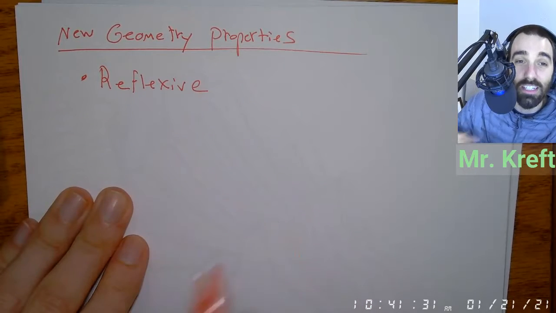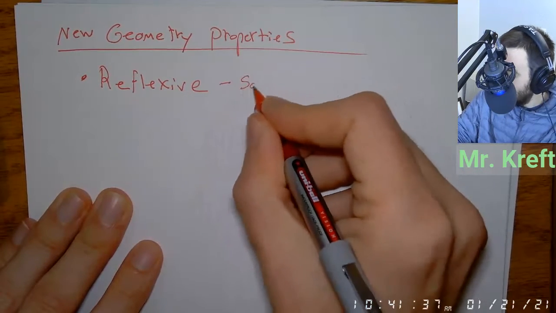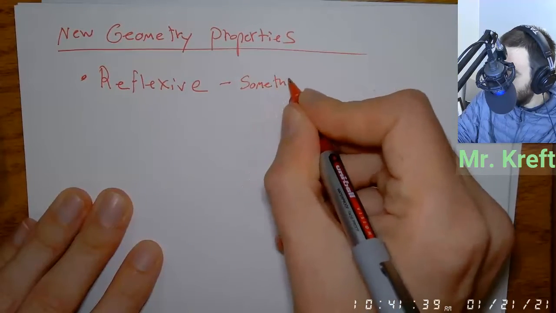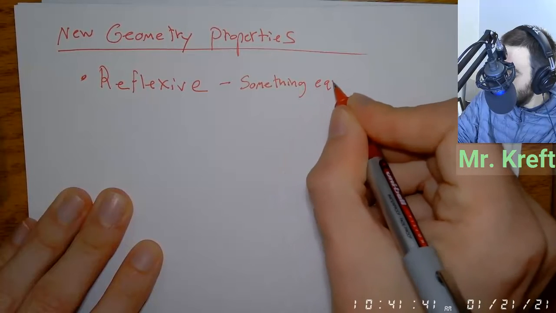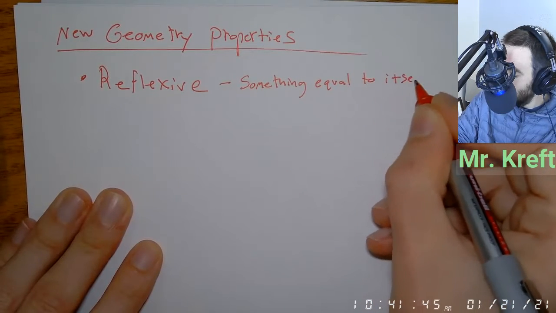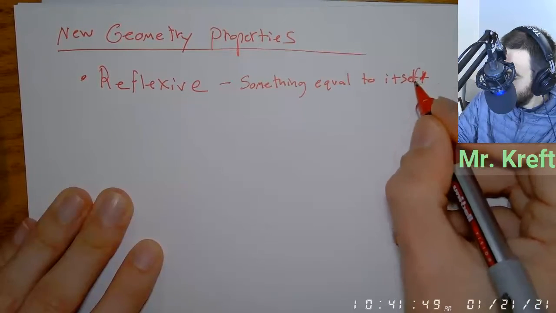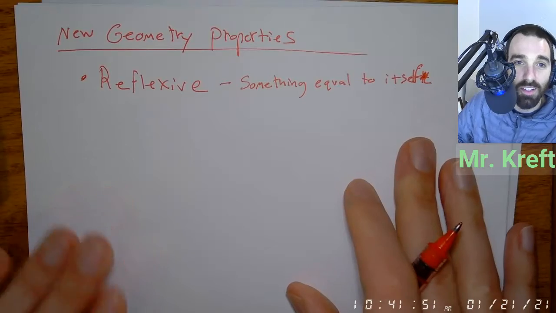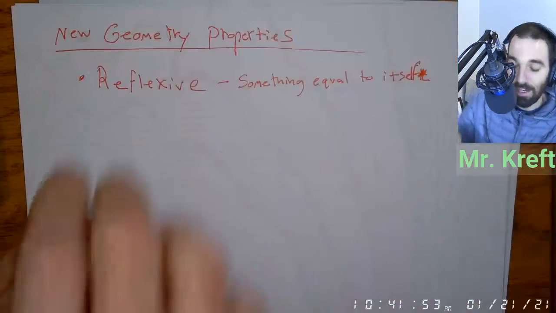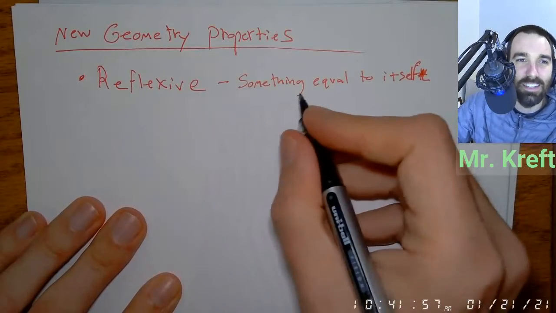So when you flex in a mirror, what do you see? You see yourself. You see your reflection. So reflexive just means something is equal to itself. I promise I'm not just thinking about how good my body looks in a mirror. Okay, that was creepy.